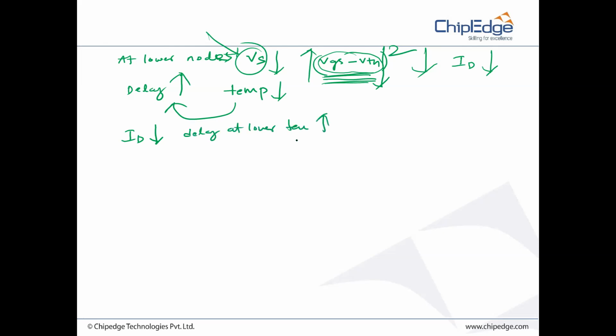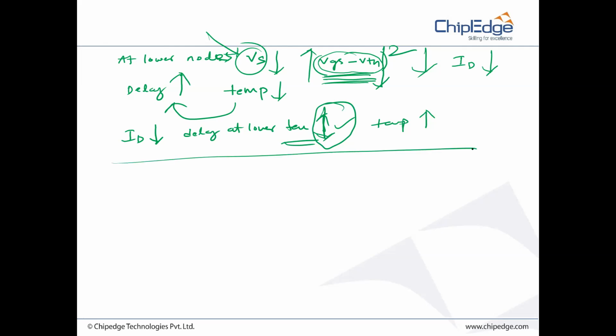So please understand, this is how temperature inversion happens. Delay decreases, sorry, delay increases here. Sorry, as temperature increases, delay decreases. Is this clear, guys?